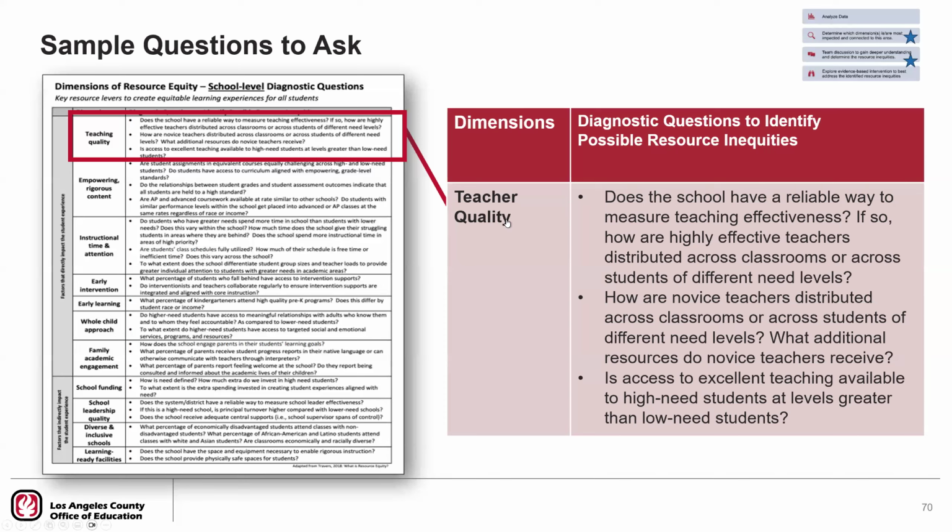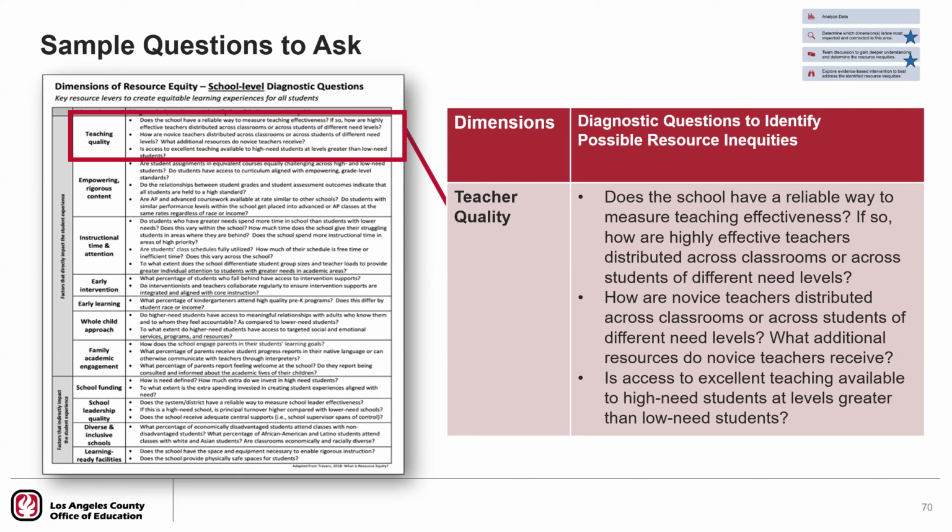In the next slide, there are possible questions the Excellent Middle School staff might use to dig deeper into this dimension. So these diagnostic questions specifically relate to the teacher quality dimension. What reliable measures of teacher effectiveness are in place? If there is a measure, how are highly effective teachers distributed across classrooms and among students with varying needs?